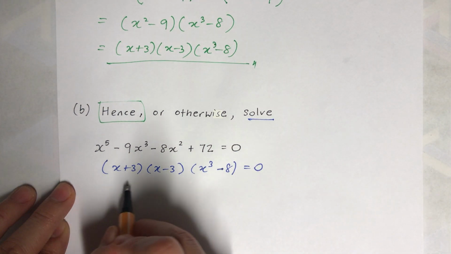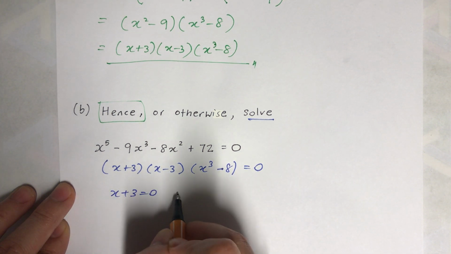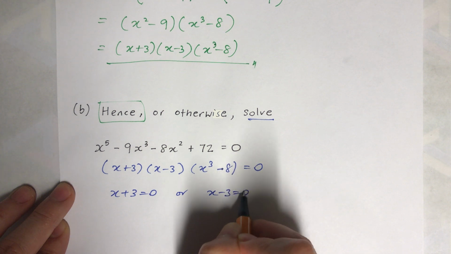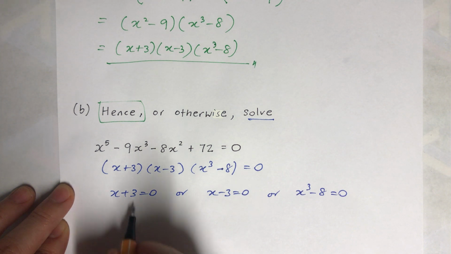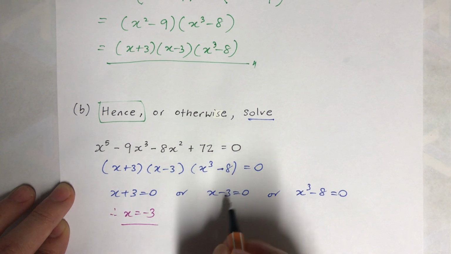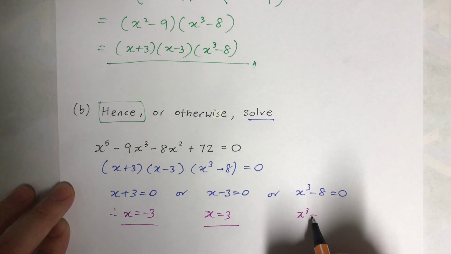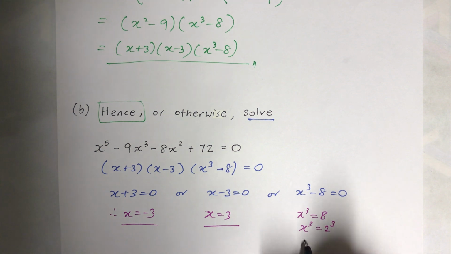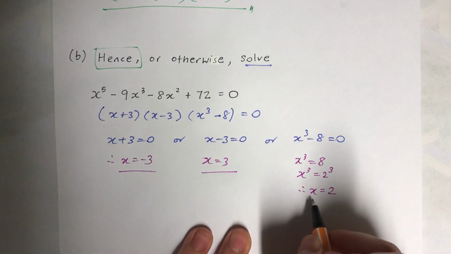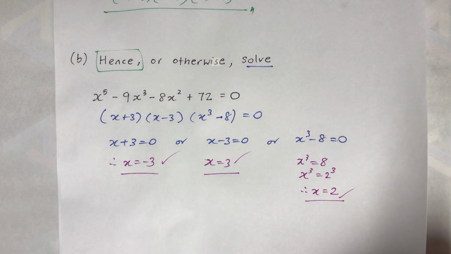So this really means one of them should be 0, but we don't know which one. This could be 0, or this could be 0. Okay, so my answer will be, therefore x has to be 3 and x equals minus 3. Now this one is what, x cubed equals 8, x cubed equals 2 cubed, therefore x equals 2. So that's my answer. Okay, so that's question 6.